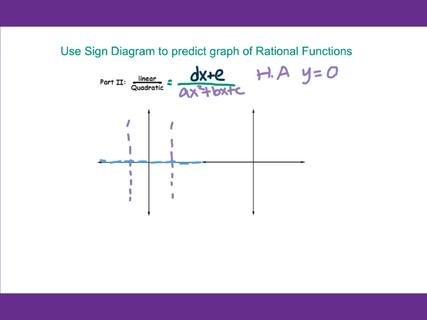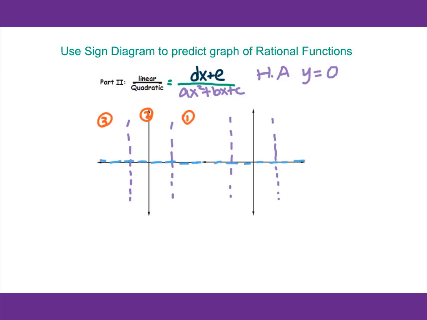These two vertical asymptote lines divide the number line into three parts. This is one part, another one like this, and the other one like this one. Let's label 1, 2, 3.